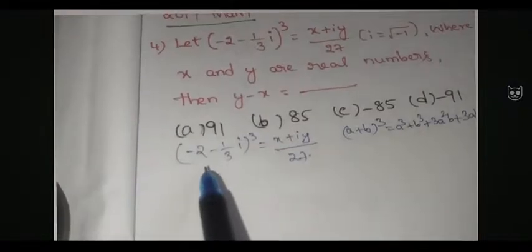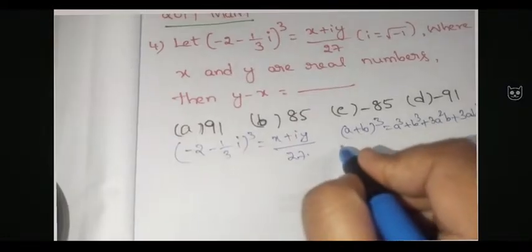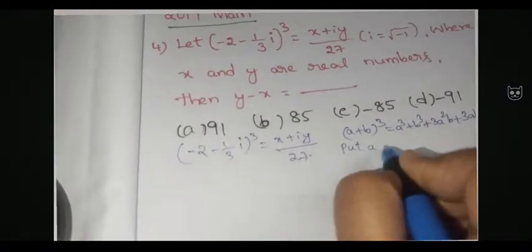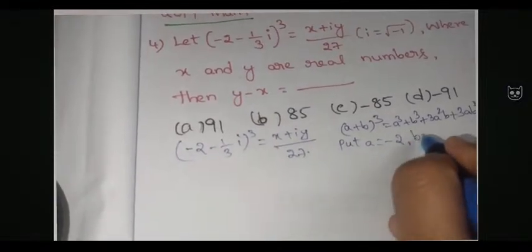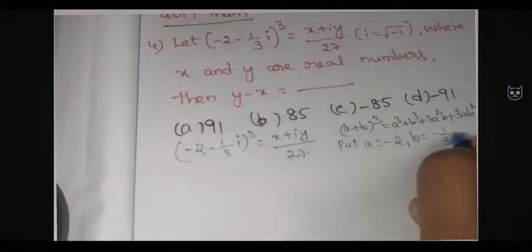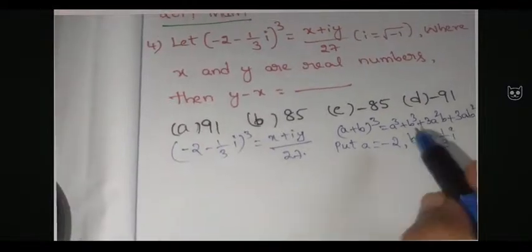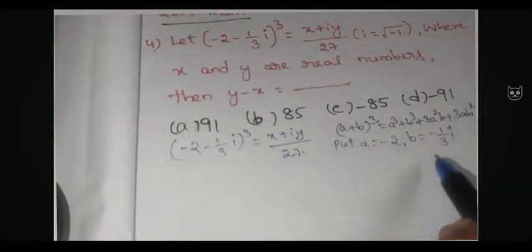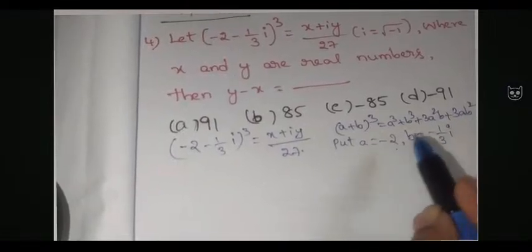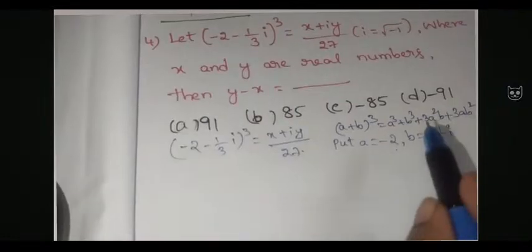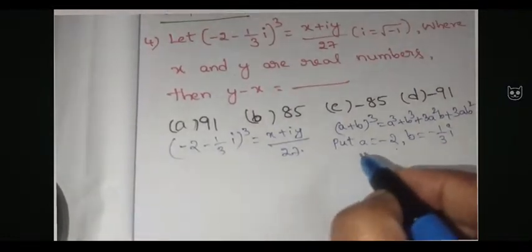Now suppose we put a equals minus 2, b equals minus 1 by 3 i. So consider a is minus 2, b is minus 1 by 3 into i. Now write these values into the formula. So what is the formula? (a + b) whole cube.